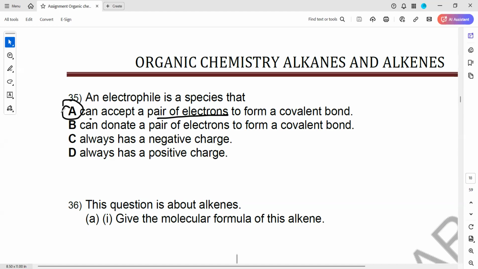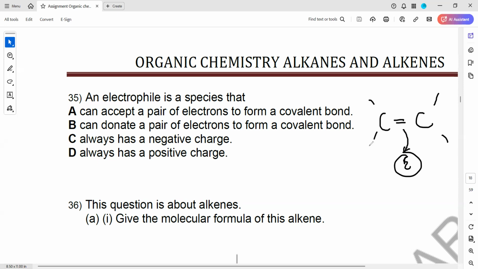That is right. If it can donate a pair of electrons to form a covalent bond, that will be a nucleophile. Why not D? Look, an electrophile is attracted towards the electron rich side. So when it is attracted towards the electron rich side, it will accept electrons. That is the definition of an electrophile.